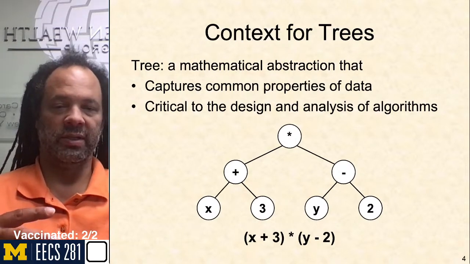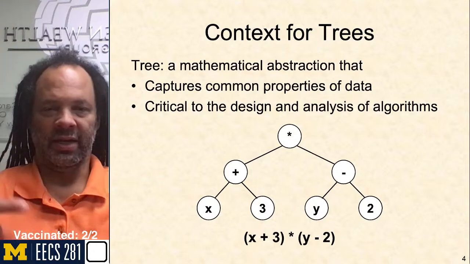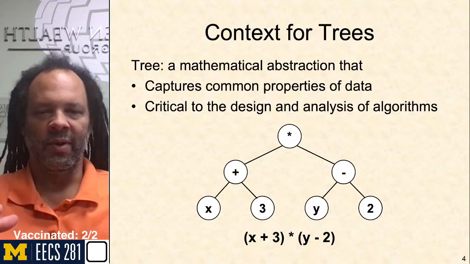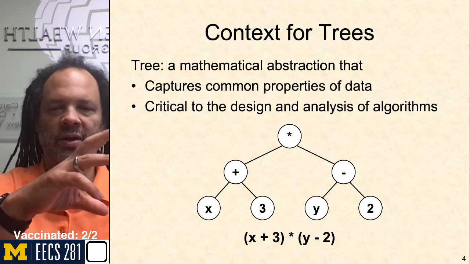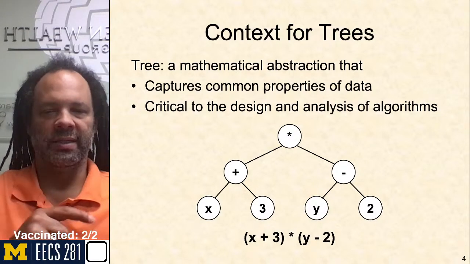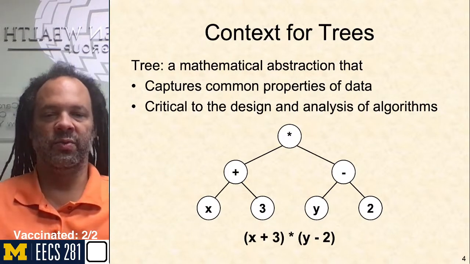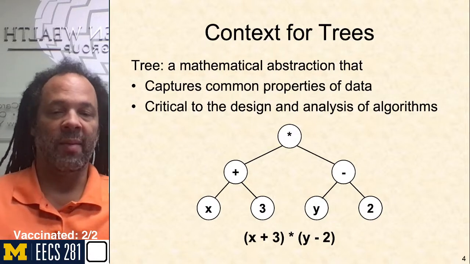So in this particular instance, we've got one application of how a tree can work. We see that we've got operators and operands. This tree here logically represents that mathematical expression physically down there, (x plus 3) times (y minus 2).